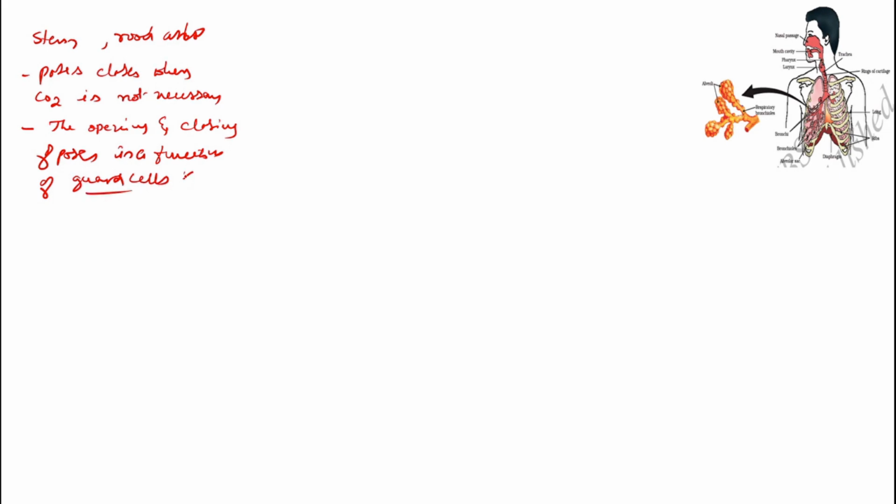So these are all the important points, all discussed. They may ask in the examination. Okay. And when water flows into them, it causes the stomatal pore to open. Similarly, the pore closes if the guard cells shrink. Okay, these are all the important points that you have to note down.